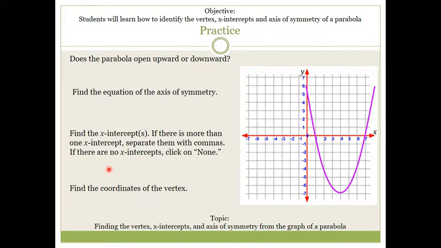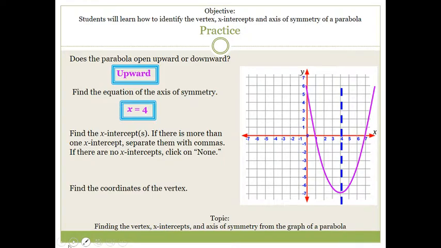Alright, so some practice. Does this parabola open up or down? Right, clearly it opens up. Find the equation of the axis of symmetry. So remember, it's x equals some number. That's the equation of a vertical line.